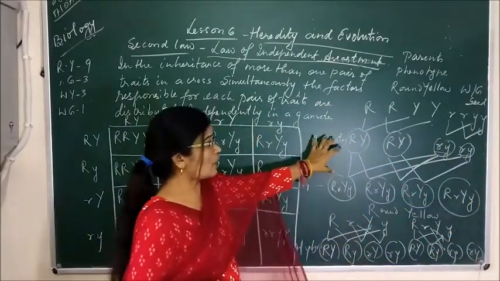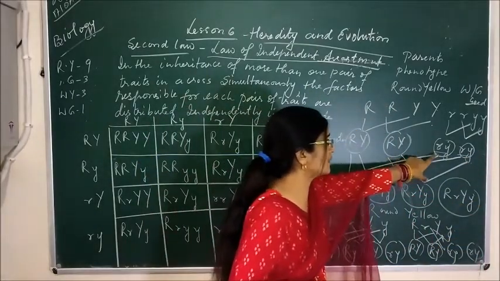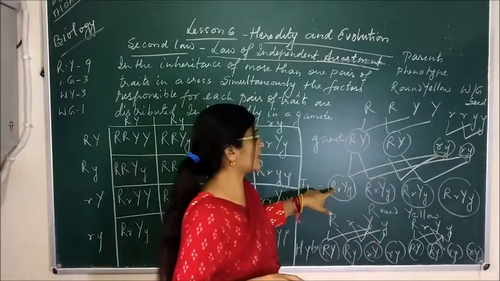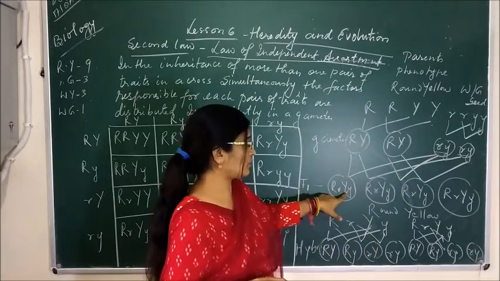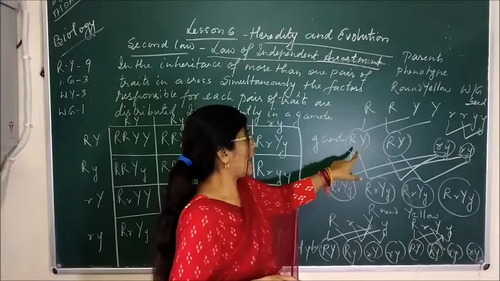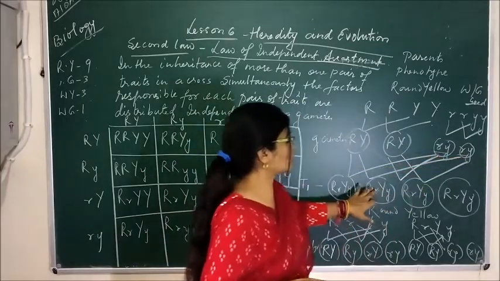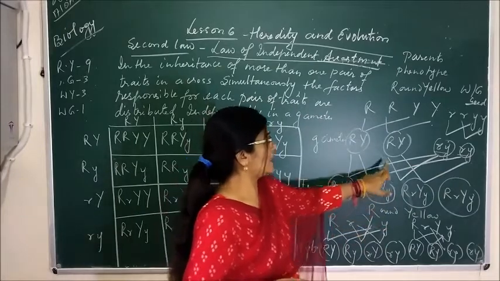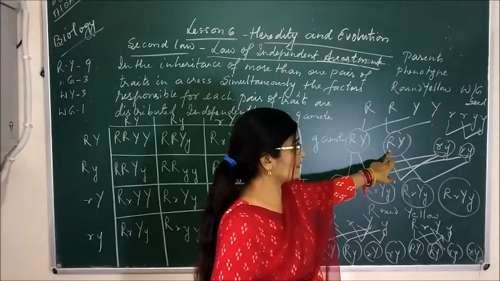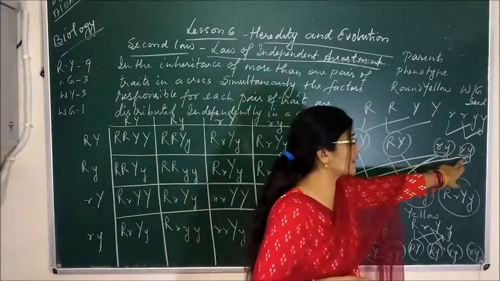When the round yellow was crossed with the wrinkled green, what did he find?